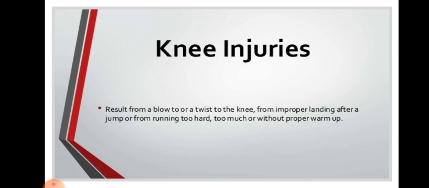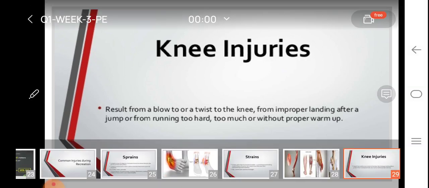So, when you are performing any exercises or any activity, especially when you are engaging yourself in sport, make sure that you are performing warm up because that is so important for you not to experience knee injury.